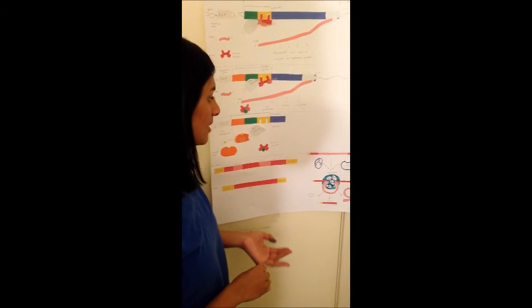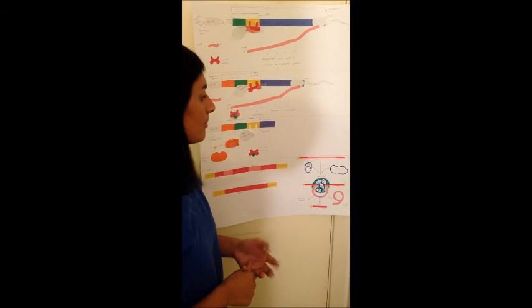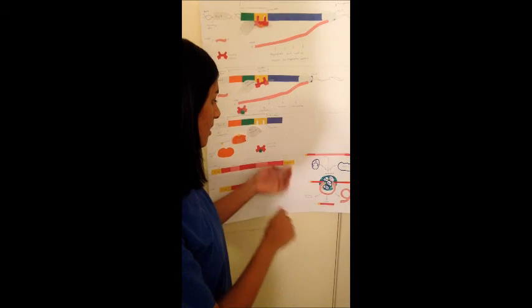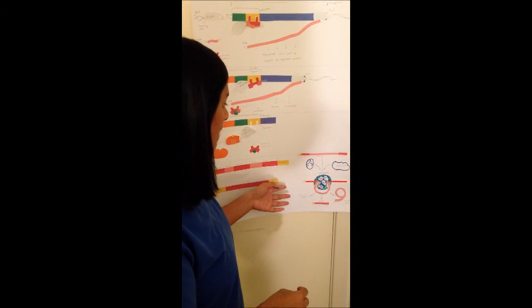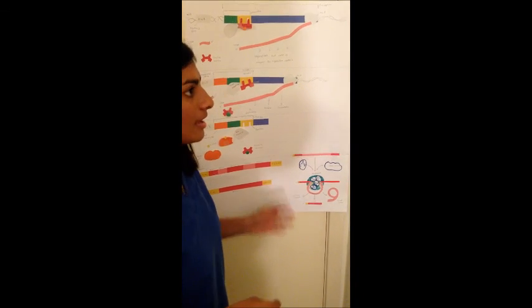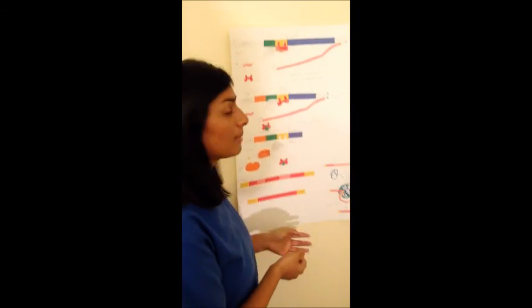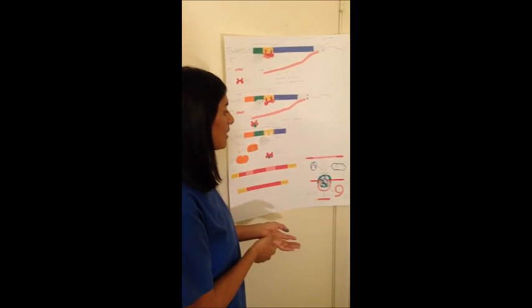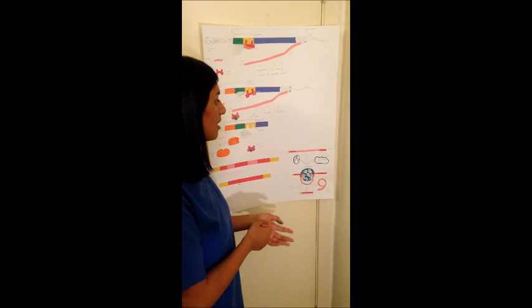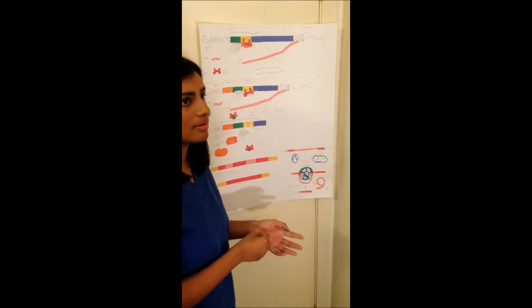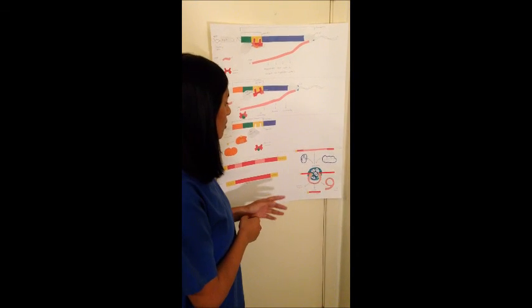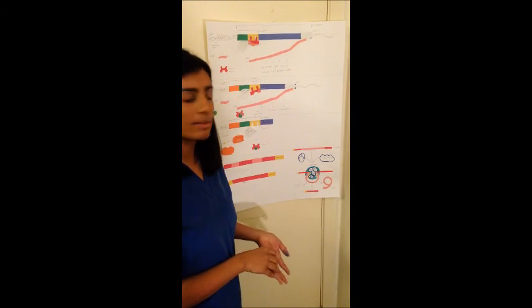So how is pre-mRNA modified? Basically, at the 5' end of the pre-mRNA, a 5' cap is put on, and that's a modified form of a guanine nucleotide. This 5' cap serves two purposes. One, it protects the mRNA from degradation, and it also acts as a binding site for ribosomes.